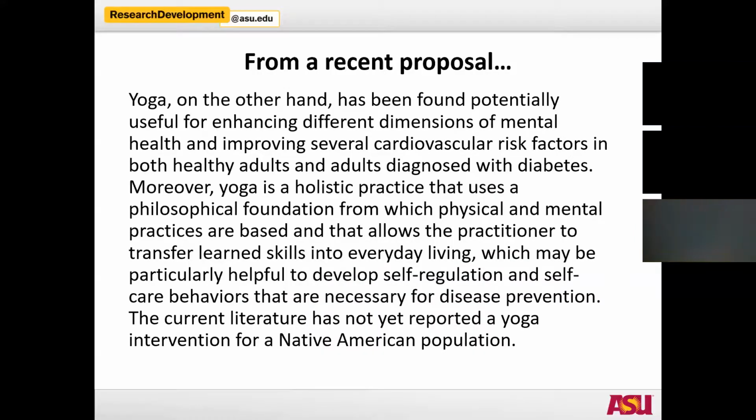Here's a proposal that I did about a year ago. Do you like that paragraph? Is it okay? Can you make it better?